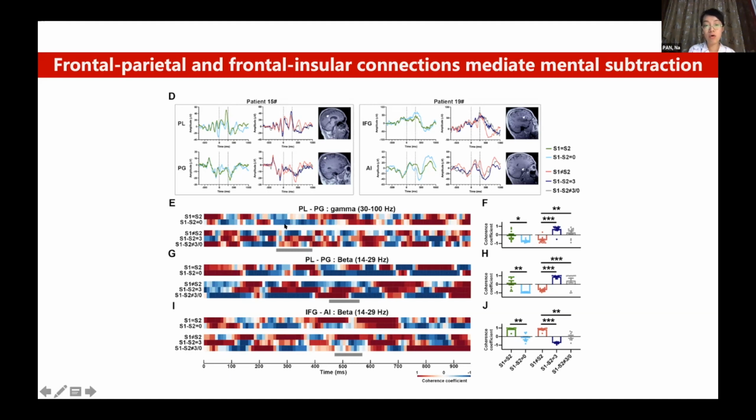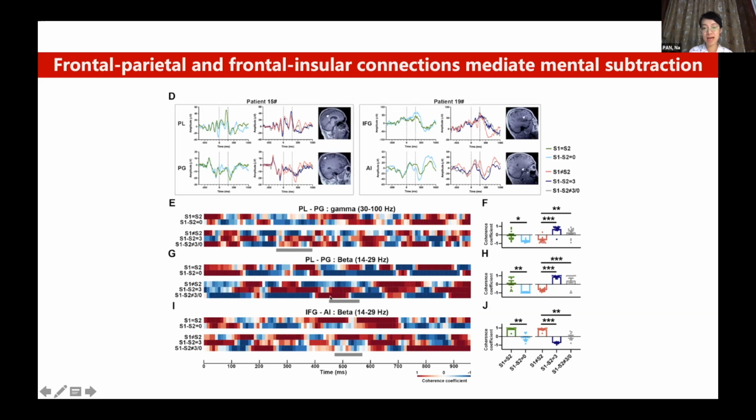In these two regions, the gamma coherence shifts to beta coherence, and during 450 to 560 milliseconds there is a significant difference in the beta coherence.